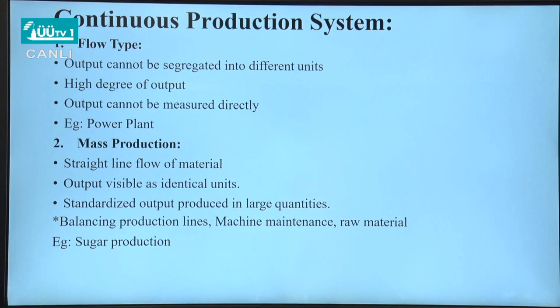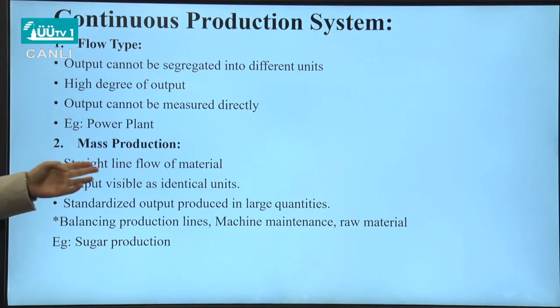The first one is the flow type. So in the flow type production system, output cannot be segregated into different units, and a high degree of output can be observed, and the output cannot be measured directly. For example, for the flow type production, we can give the example of a power plant.